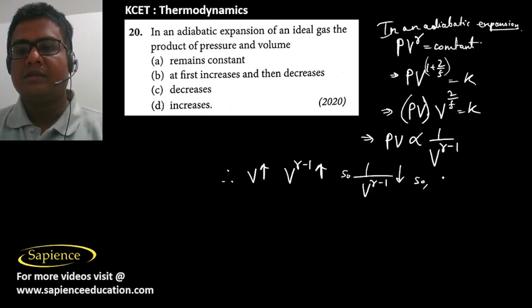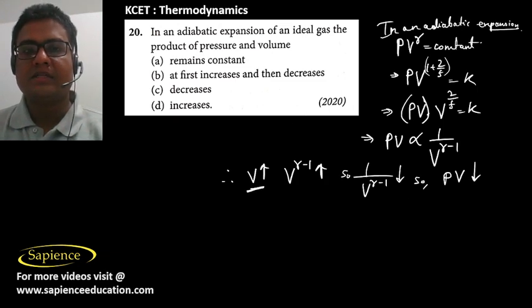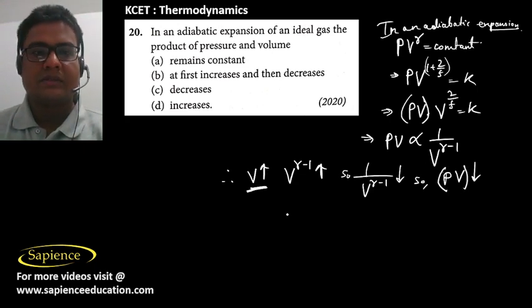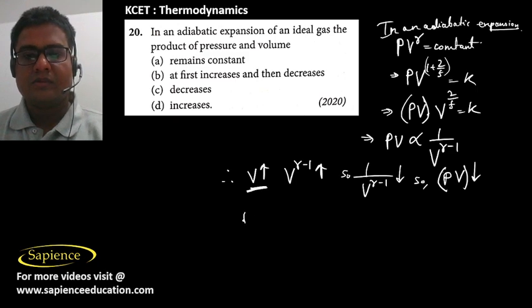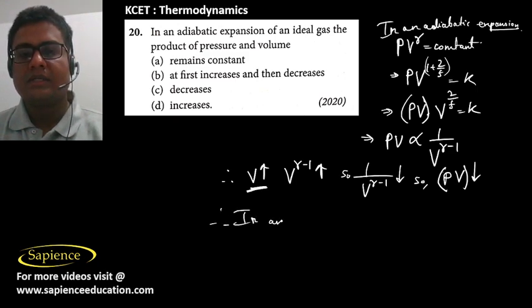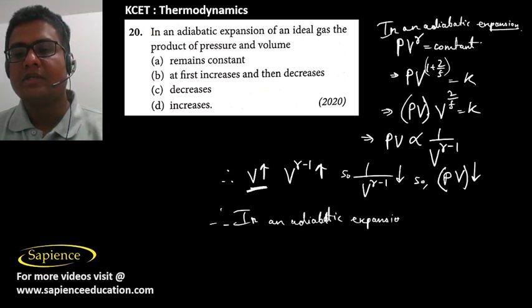So it means that the product of pressure and volume will decrease when the volume increases. So in an adiabatic expansion, volume increases and the product of pressure and volume decreases.